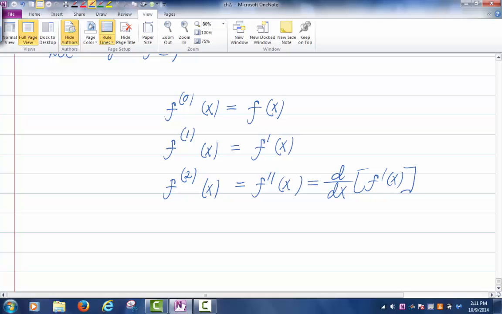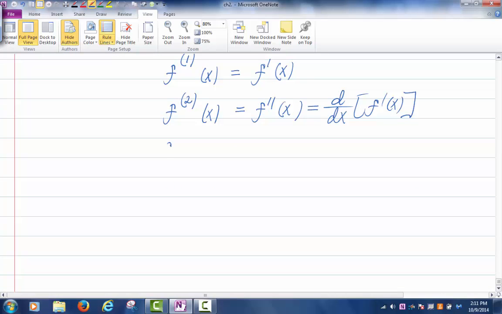And we can continue this way. We can say that this is going to be what? F triple prime of x, and that's the derivative of the second derivative, right? So before you can compute the third derivative, you have to find the second derivative.